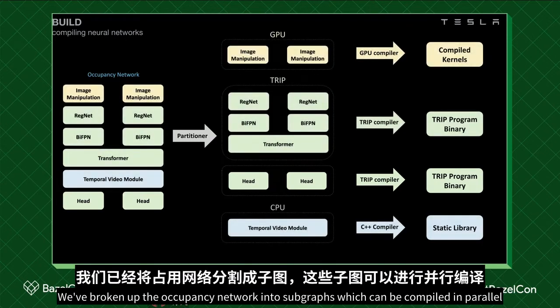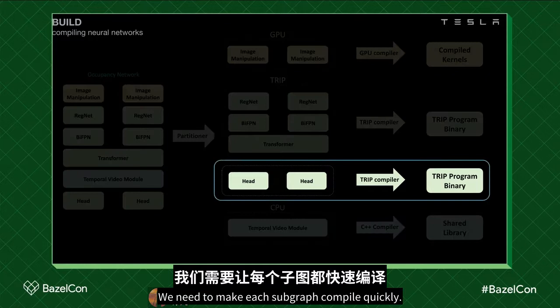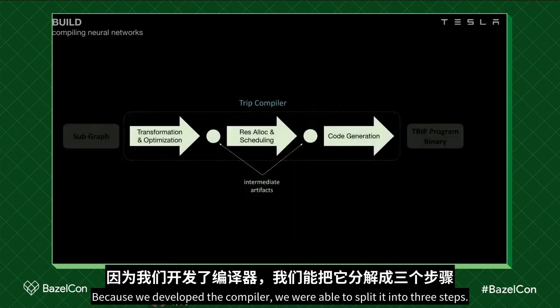We've broken up the occupancy network into subgraphs, which can be compiled in parallel, but we also need to look at the long pole. We need to make each subgraph compile quickly. Because we developed the compiler, we were able to split it into 3 steps.